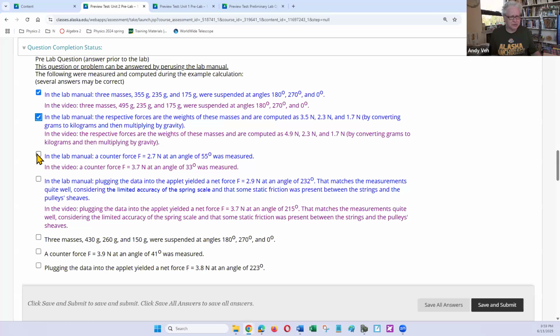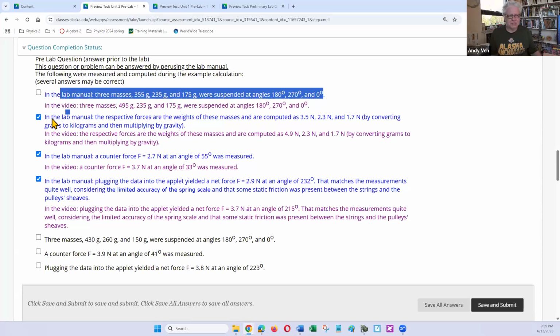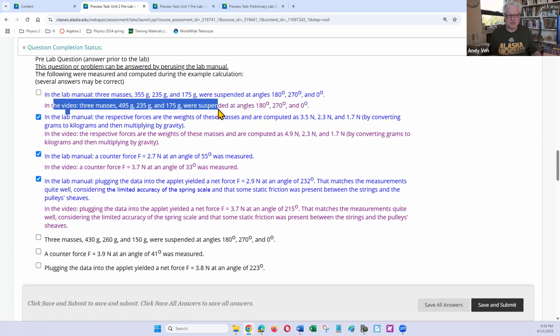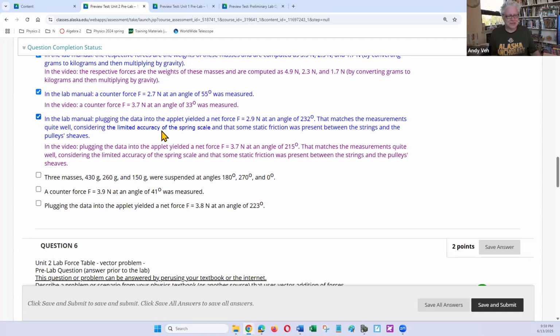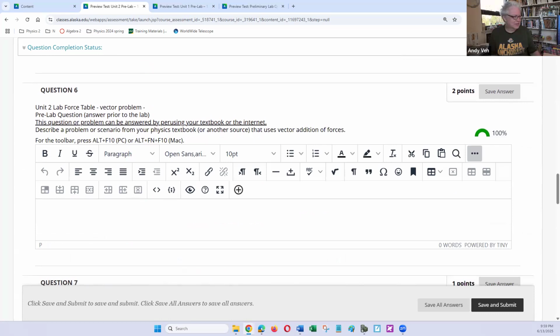Notice the different colors. What happened here is that in the lab manual, I put a certain example in here, and in my video, I put a different example. I don't know how that happened. It was a long time ago. But anyway, that's why you see 2 statements here for each correct answer.